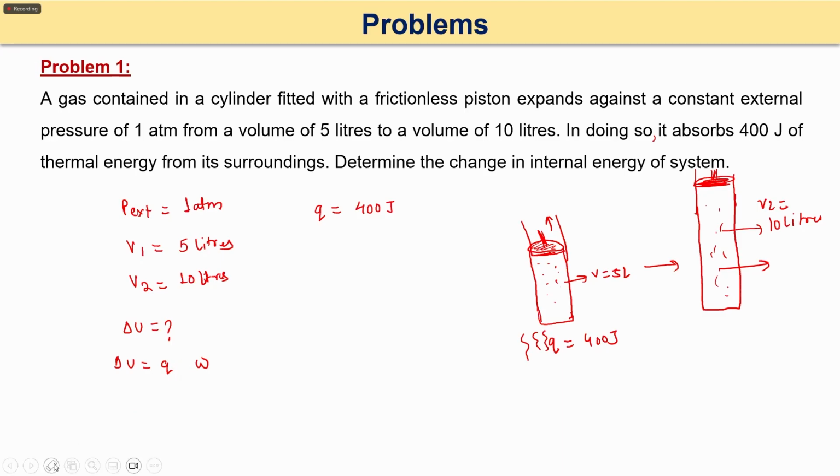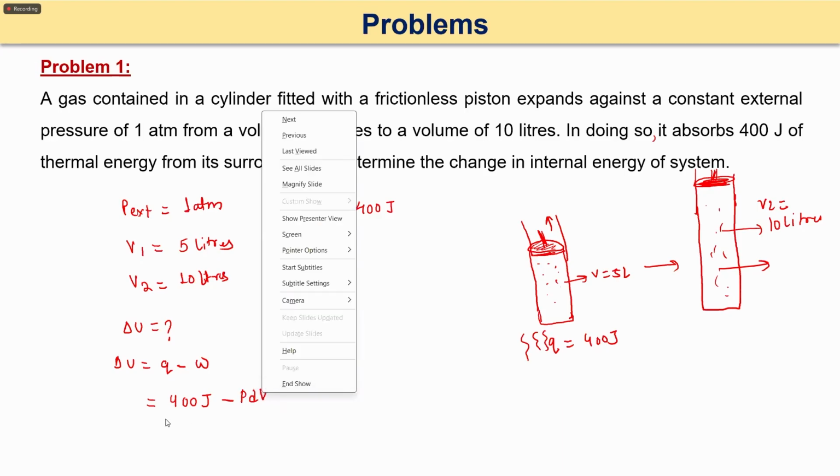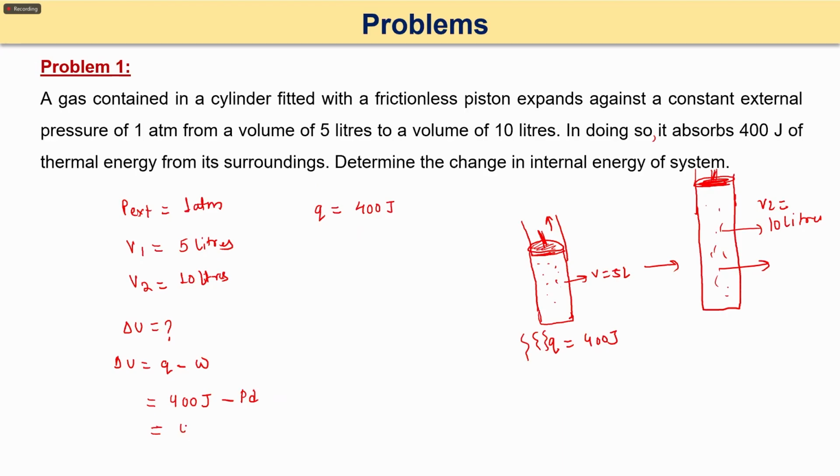We will use ΔU = Q minus W. So Q is given as 400 joules, minus W, which is P dV. So 400 joules minus pressure, which is 1 atm, and dV is nothing but V2 minus V1, the change in volume.